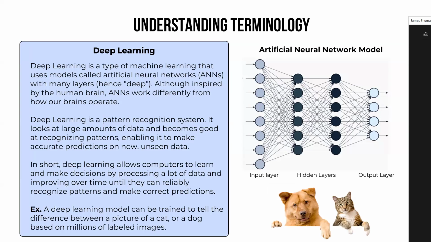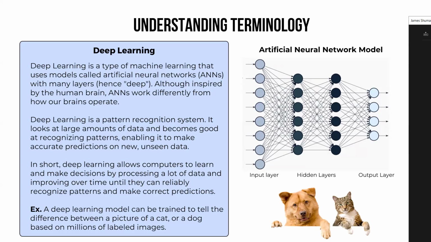Okay, let's move on to the next slide. Understanding terminology: deep learning. So remember, deep learning is a part of machine learning. Deep learning is a part of machine learning that uses models called artificial neural networks, hence the term deep. Although inspired by the human brain, artificial neural networks work differently from how our brain would actually operate.